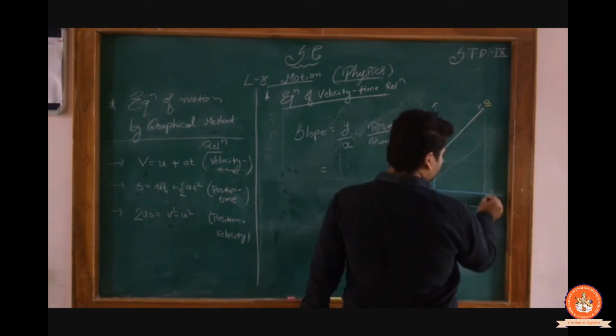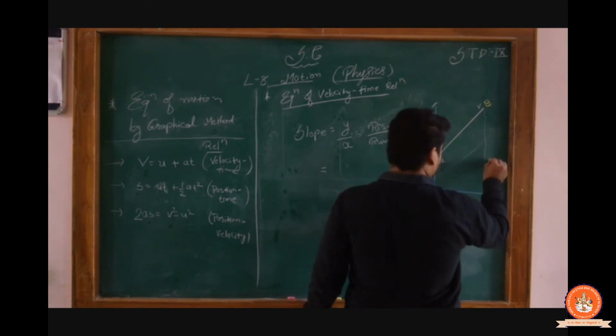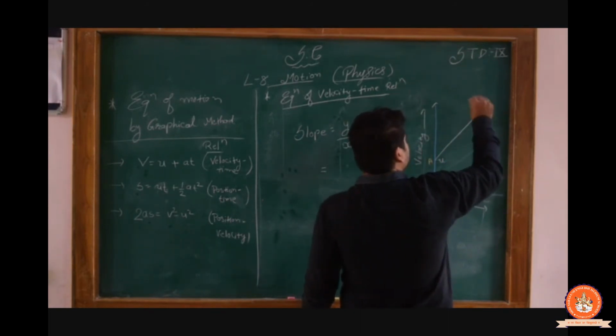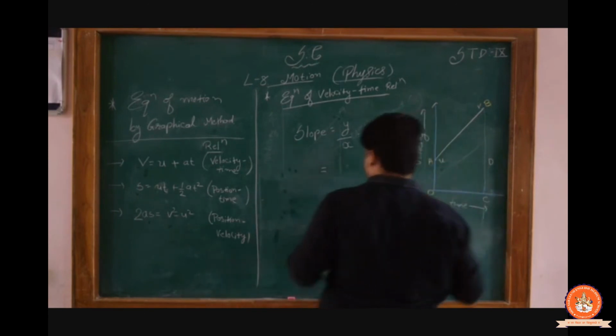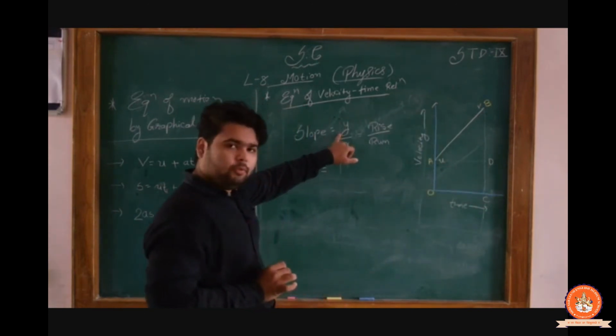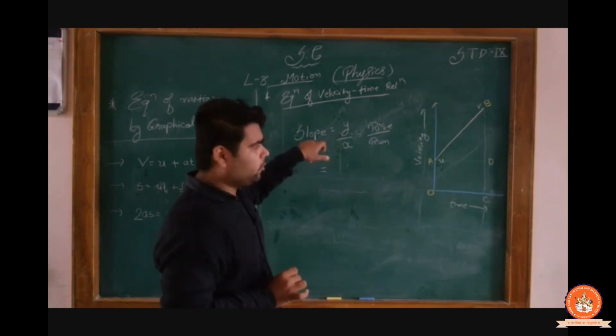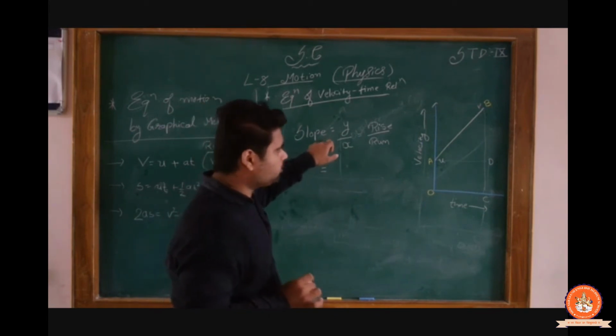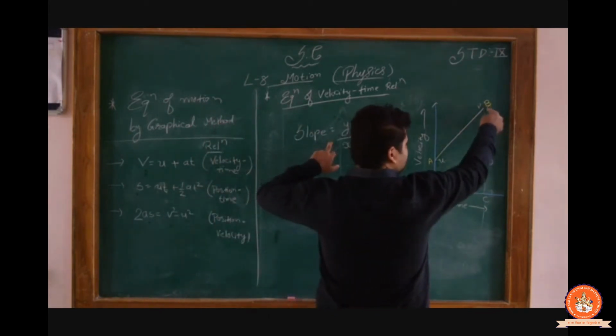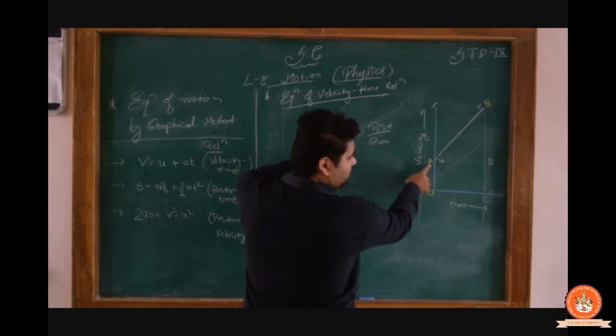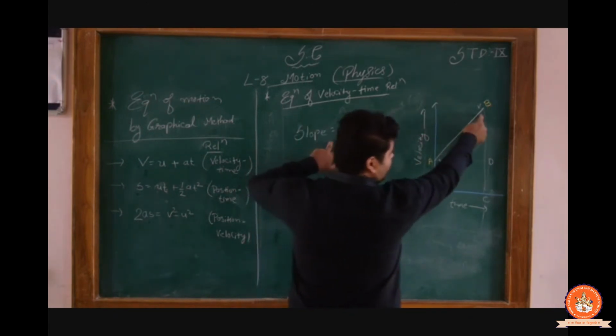This can be C, D, and this is our point. Now for the slope we want to find y upon x. This is our y direction. So the velocity starts from A to B.